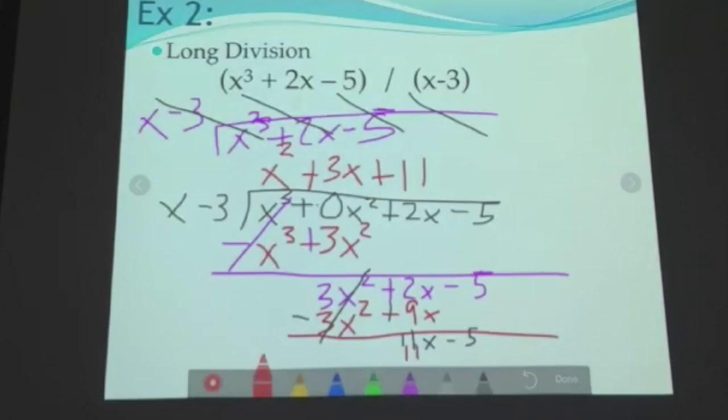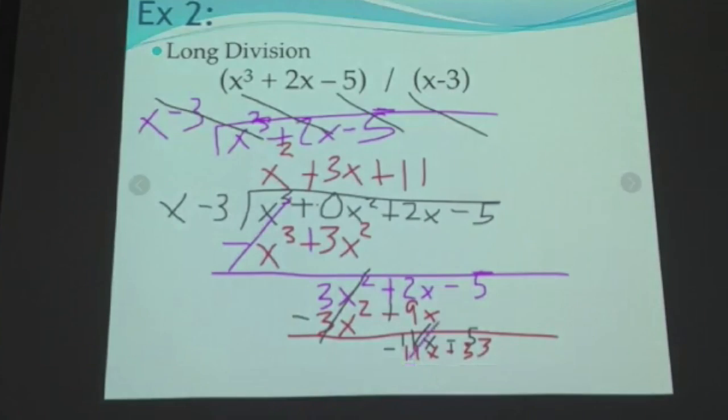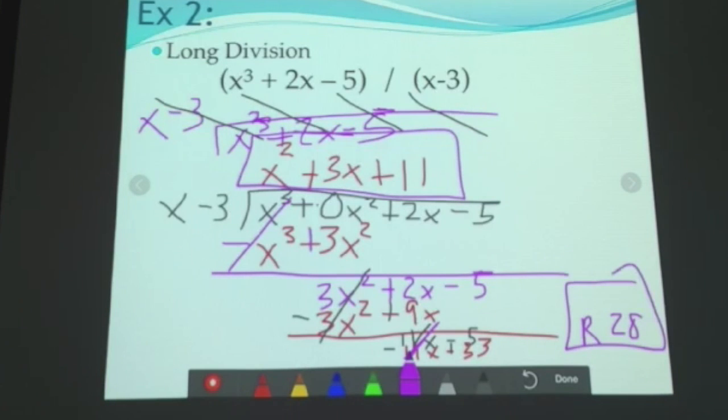So that would give me 11x minus 33. Go through and change your signs. So by the time you're done, I would have a remainder of 28. Negative 5 plus 33. So here would be my answer with a remainder of 28.